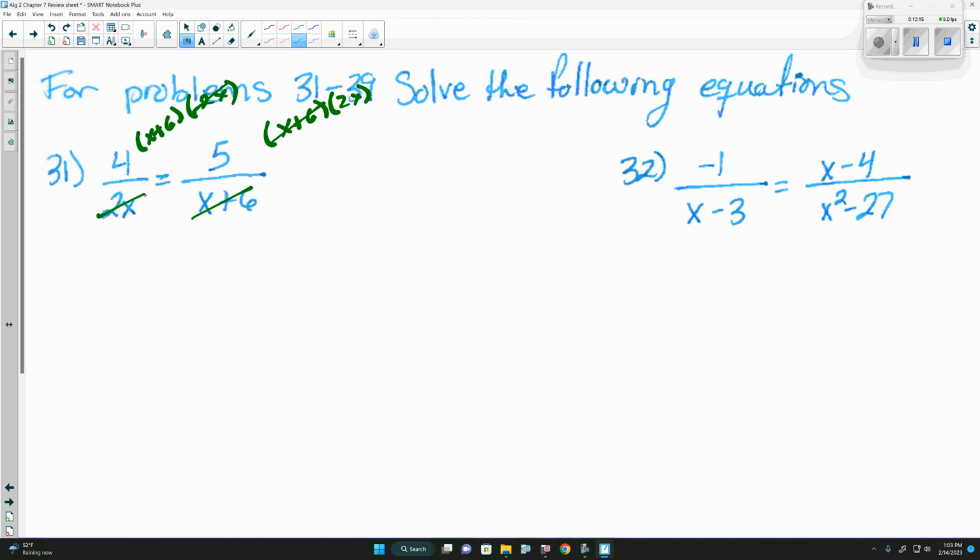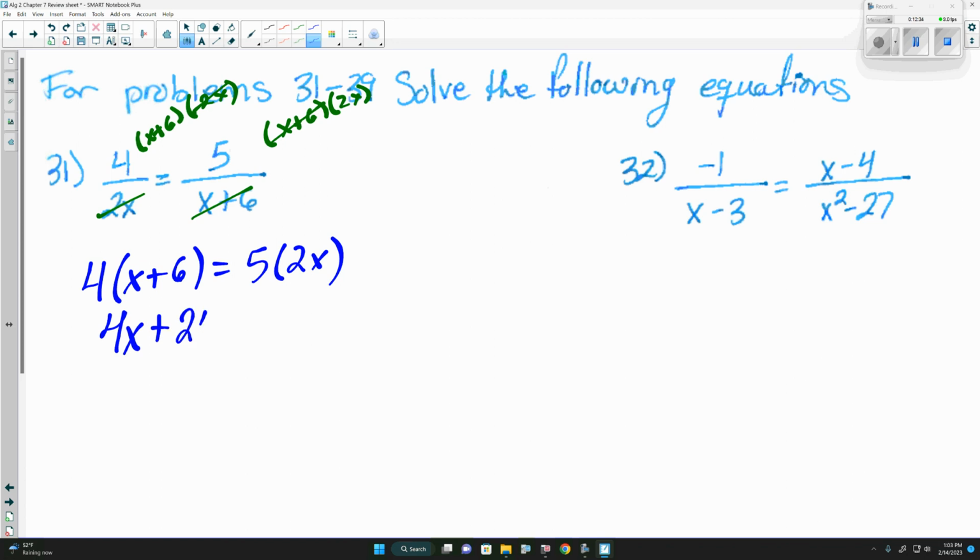Now what that leaves us with is 4 times x plus 6 is equal to 5 times 2x. Now we can distribute. 4 times x is 4x, plus 4 times 6 is 24. 5 times 2x is 10x.